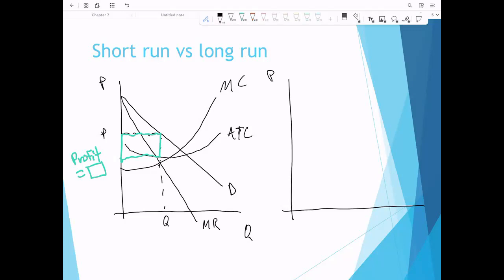So, and that's going to happen until we get this beautiful picture where marginal cost. Okay, let's draw this right.